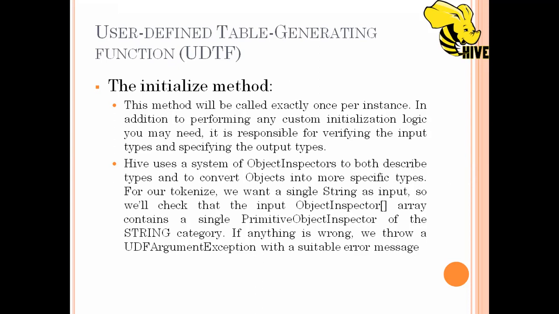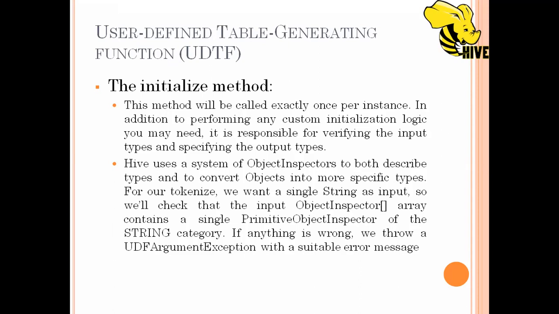So what are the types of input? Hive uses a custom object inspector for both input and output objects. If you want a single string as the input, we will check that the input object inspector array contains a single primitive object inspector of a string category.